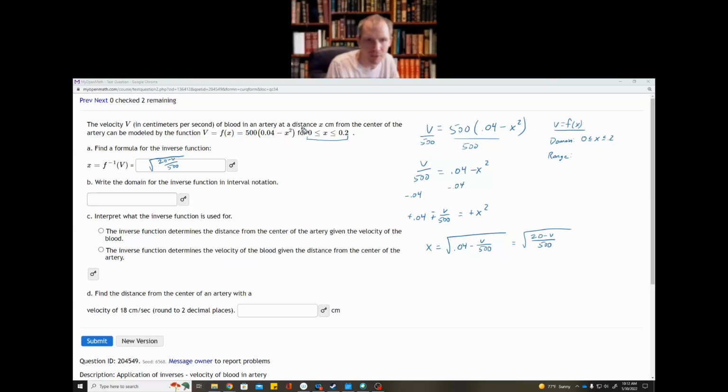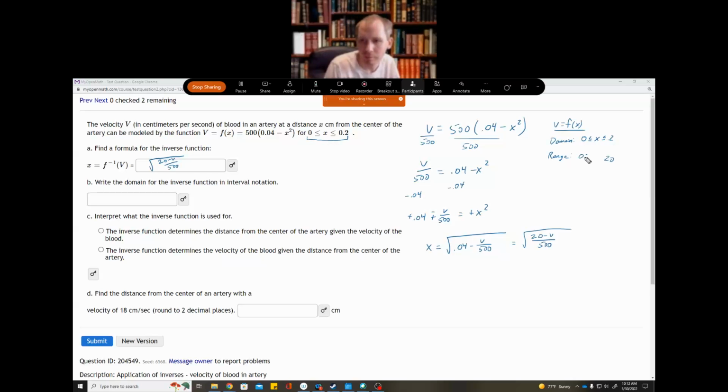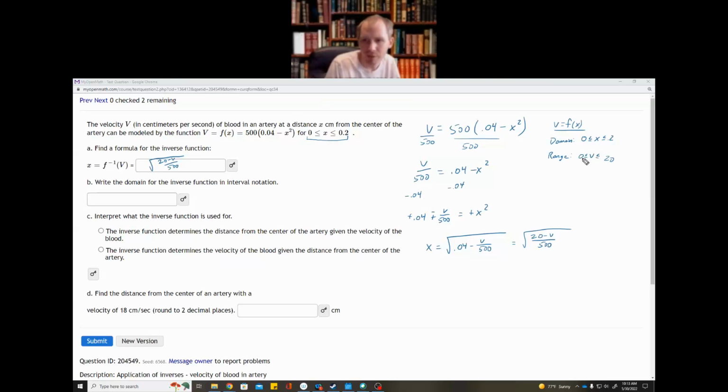if I plug 0 into this function, I'm going to get 500 times 0.04, which is 20. And if I put 0.2 into this function, let me get my calculator real quick, 500 times (0.04 minus 0.2 squared). Okay, then I get 0. So v is going to be between 0 and 20.